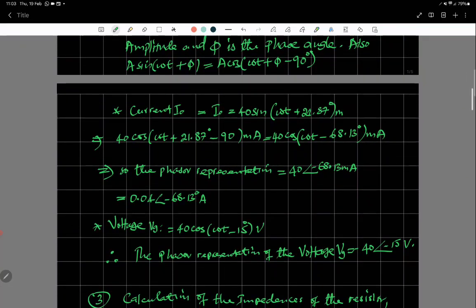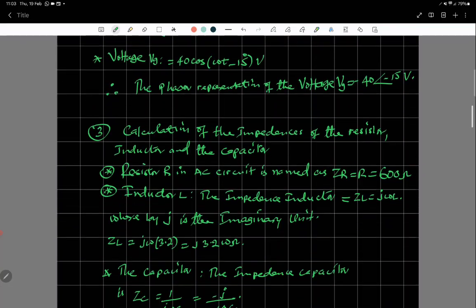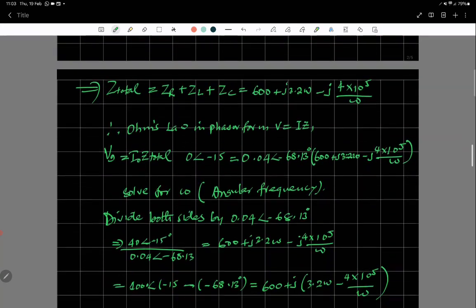Okay, so let me explain the use of these components.